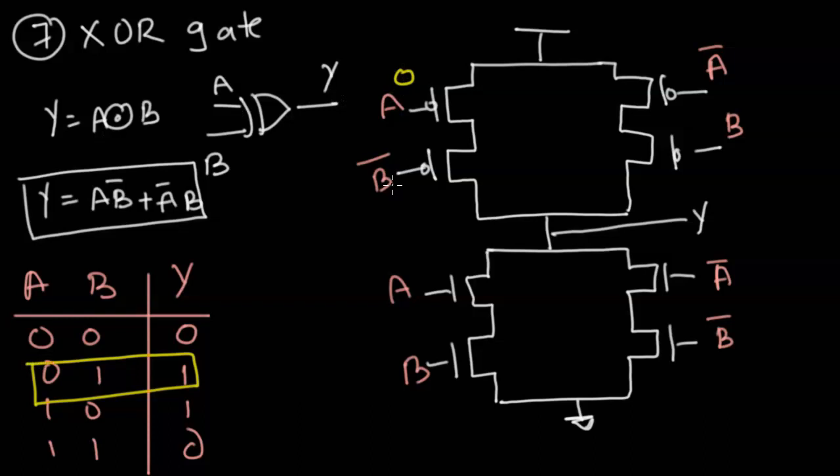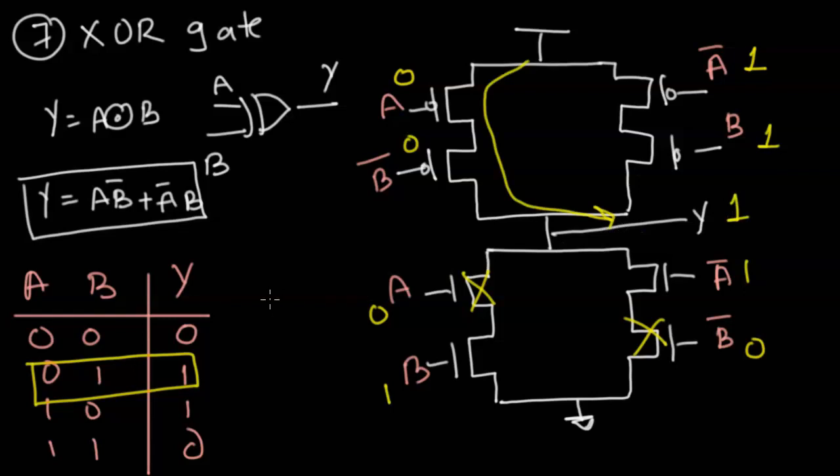So 0 becomes 1 and 1 becomes 0. We don't have any direct path between the ground and the output, because one of the NMOS is turned off and this is turned on, this is off, so there's no direct path. Moving on to the PMOS, we see a direct path between the VDD and the output, and hence you can see the output is 1 and the working of my XOR is verified.